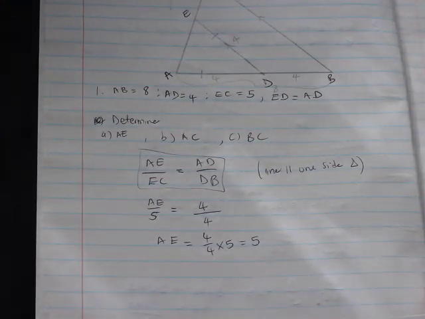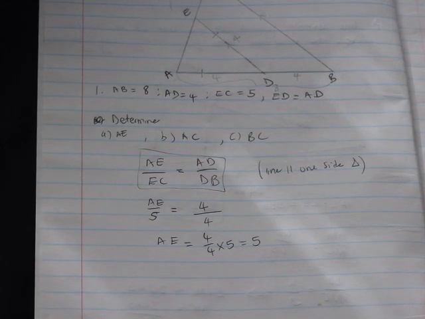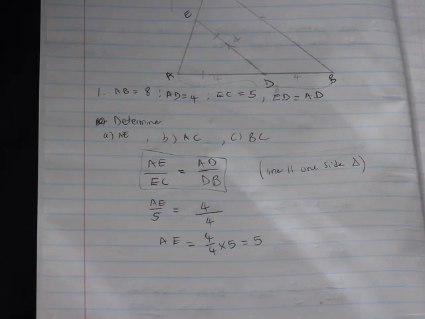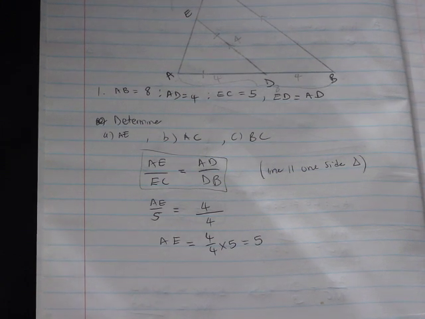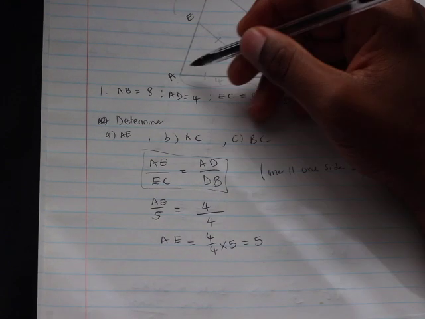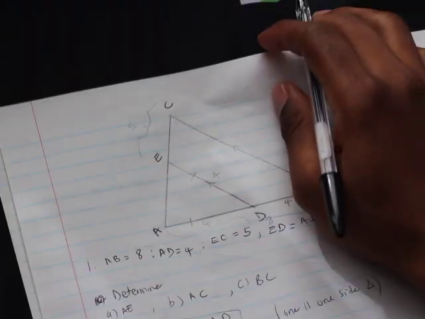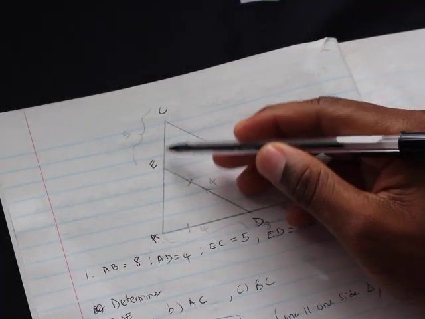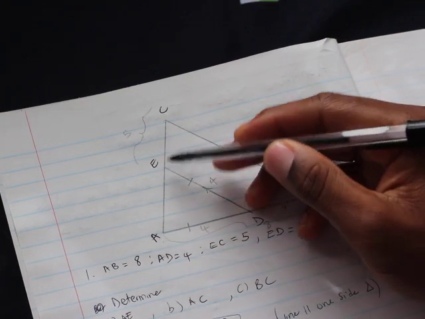So AE is simply going to be 4 over 4 times 5, which is just 5. So now what we need to do next is find our AC. Can you identify the AC? AC is the whole length, which is AE plus EC.